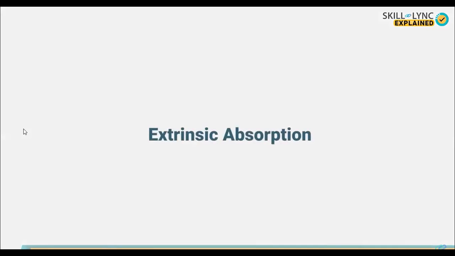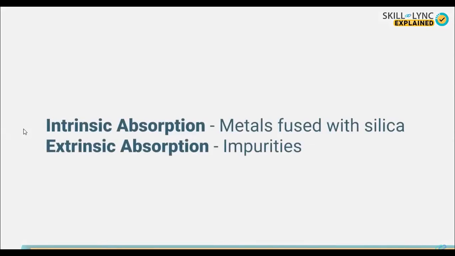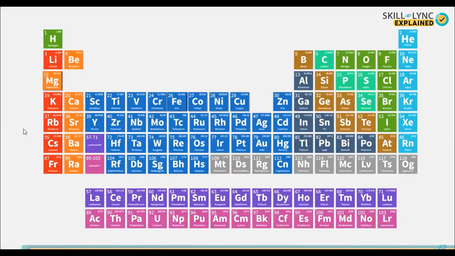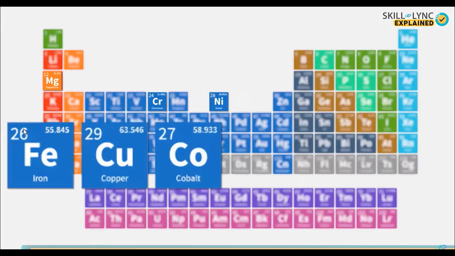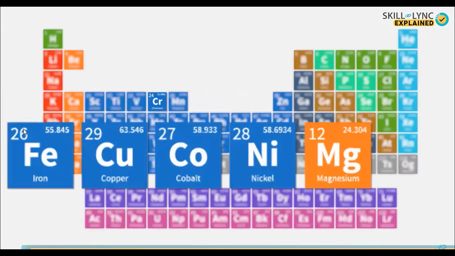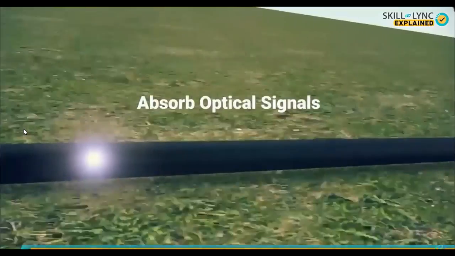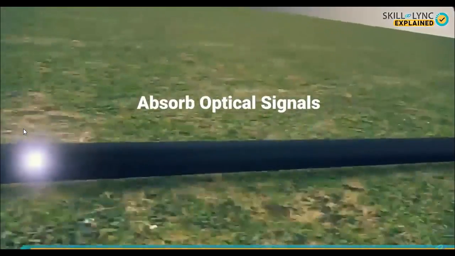The next type of absorption loss is the extrinsic losses. While intrinsic absorption is caused by the metals that are fused with silica to make the fiber, extrinsic absorption is caused by the impurities present in silica. These include metals like iron, copper, cobalt, nickel, manganese, and chromium. They tend to absorb the optical signals.